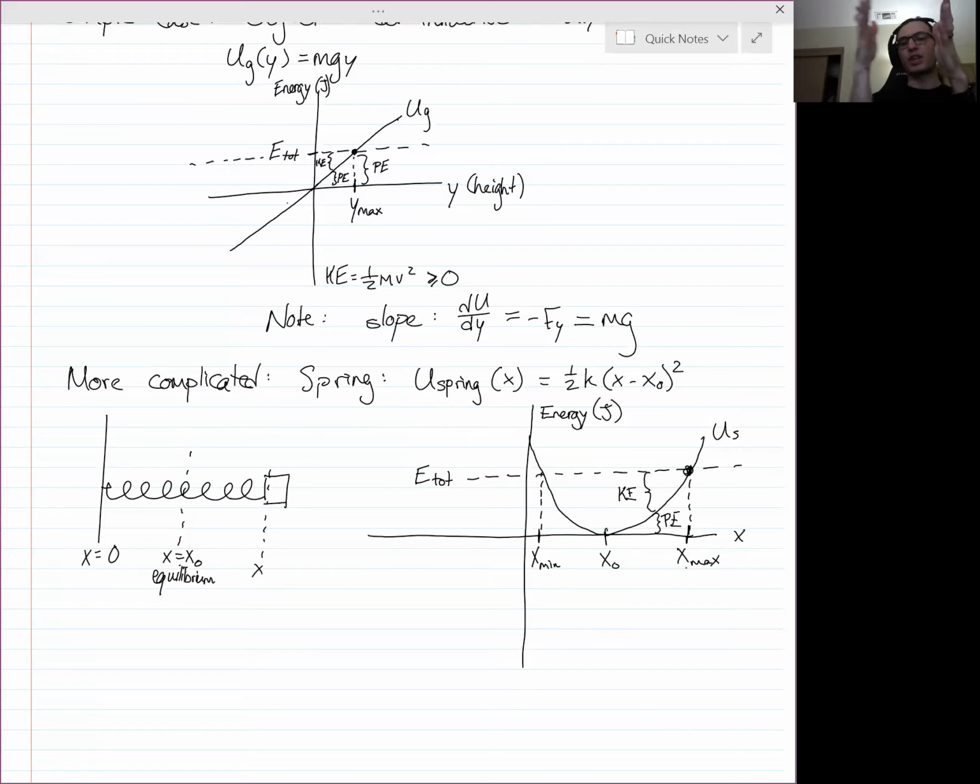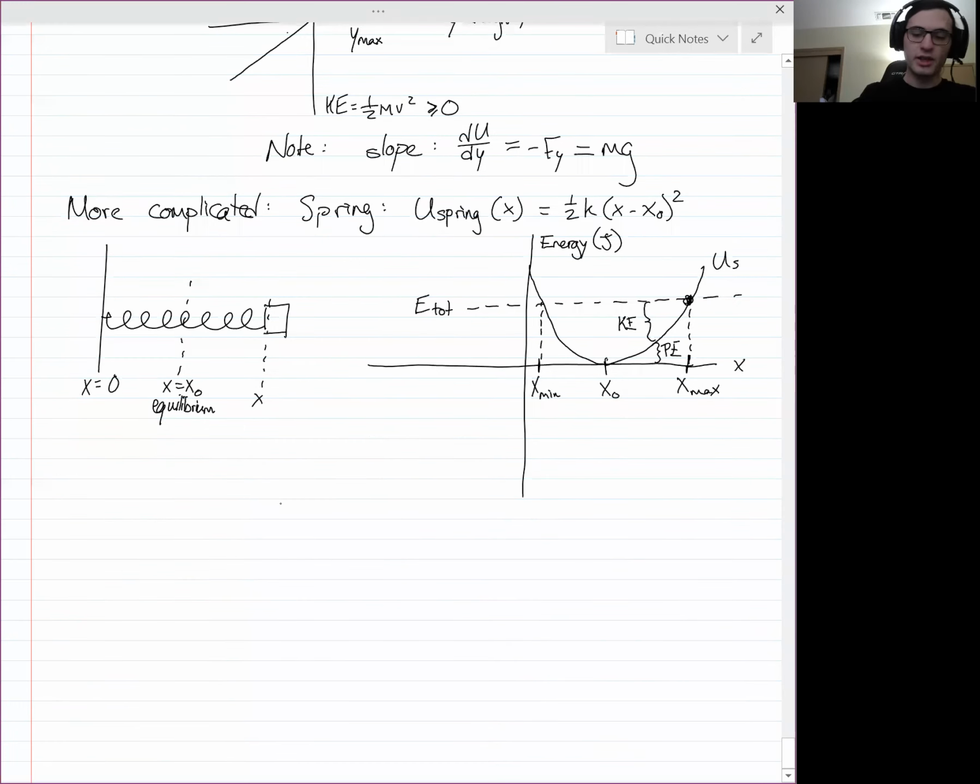Then it'll go back the other way and compress, but it can only go to a certain point, and that point is x min. After that point, the spring will push it away. So this lets you figure out what the bounds of motion are given some initial energy, and this is all just based off of energy conservation.